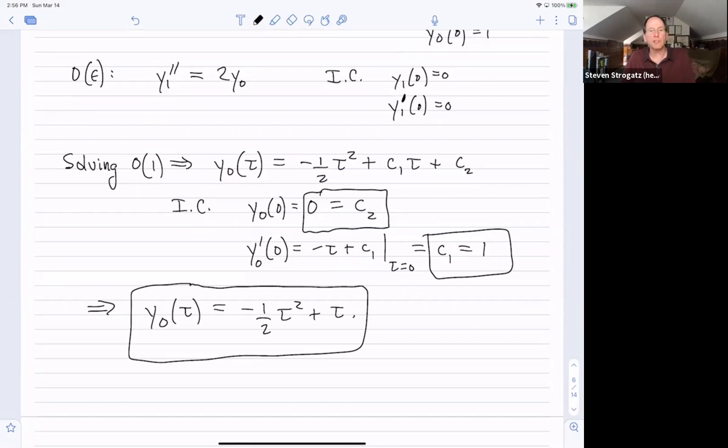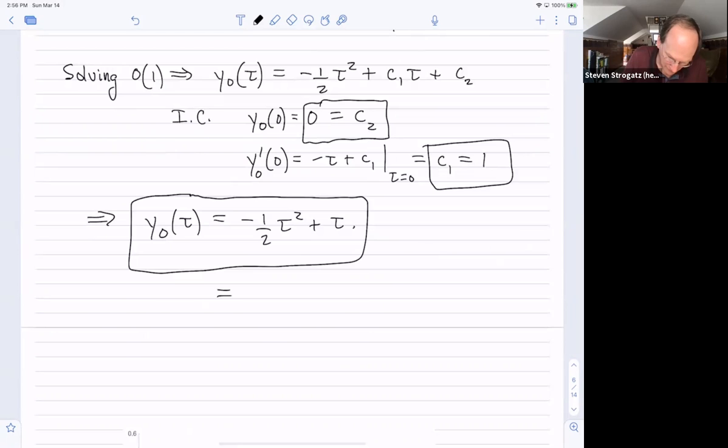So this is all dimensionless. It looks a little bit weird if you're used to the more physical version of this. But the way you should think of it is this is just the counterpart of minus a half gt squared plus v0t.